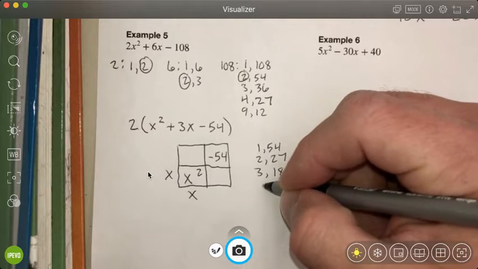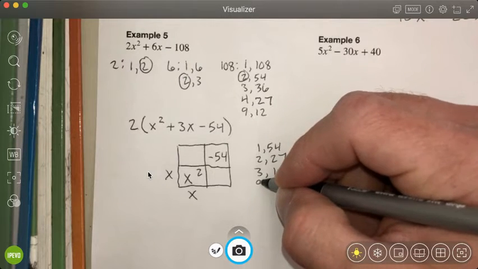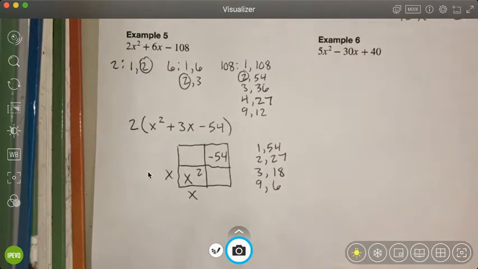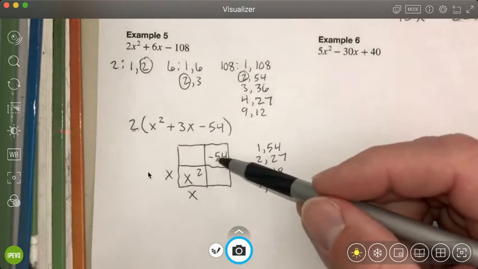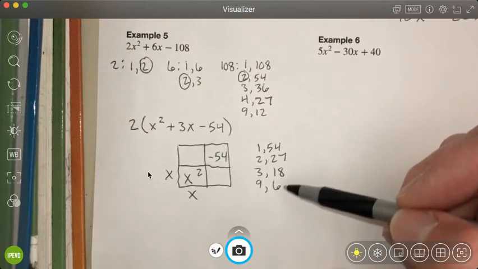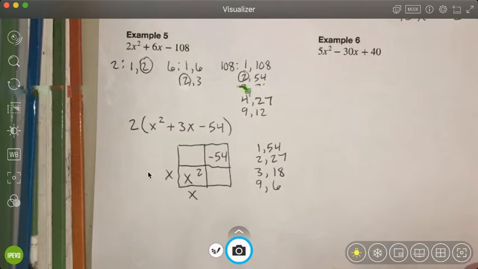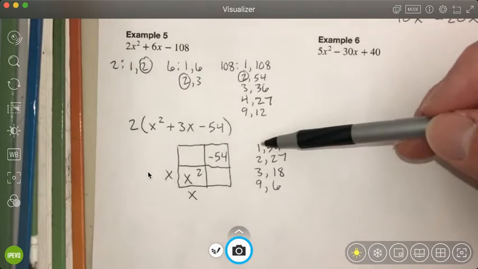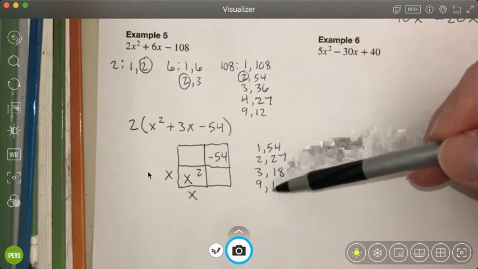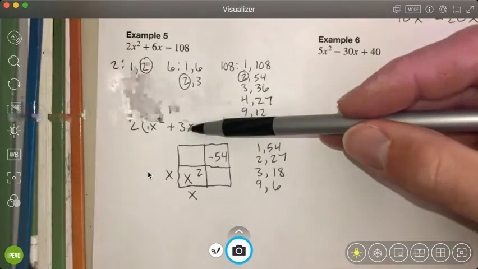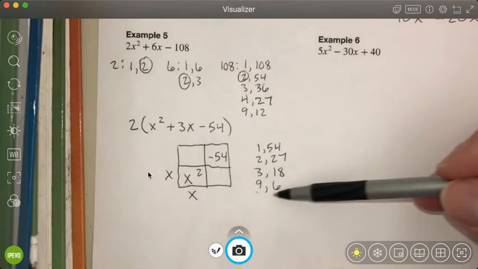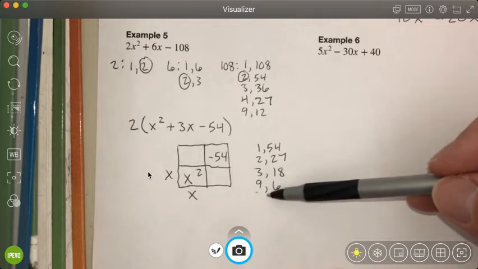And we've got 9 and 6. But remember, since this is negative, I know that whenever I pick one of these pairs, one of them has to be a negative number. Well, as I look through, if one of them's negative, the only one that looks like it might get remotely close to positive 3 is this 9 and 6.